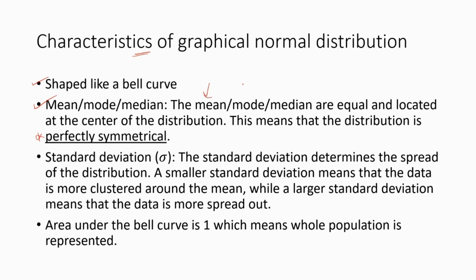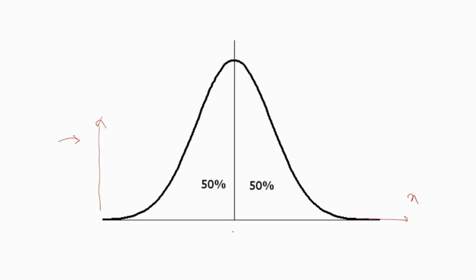This mean, mode and median describe the average. In the context of normal distribution, the term mean is frequently used. As we discussed earlier, this will be the mean value or mode or median.